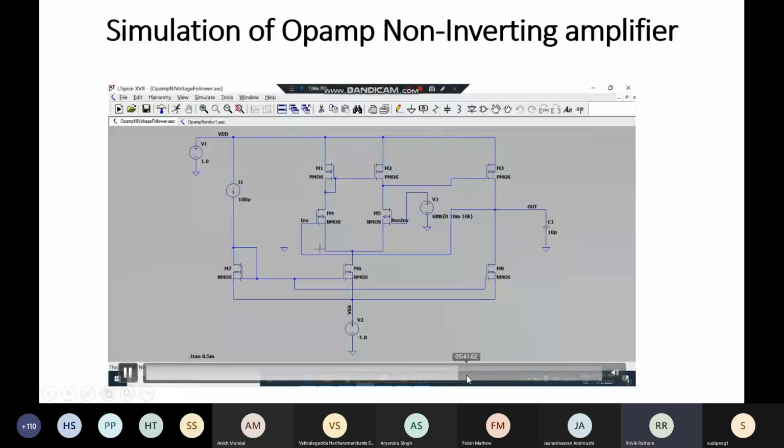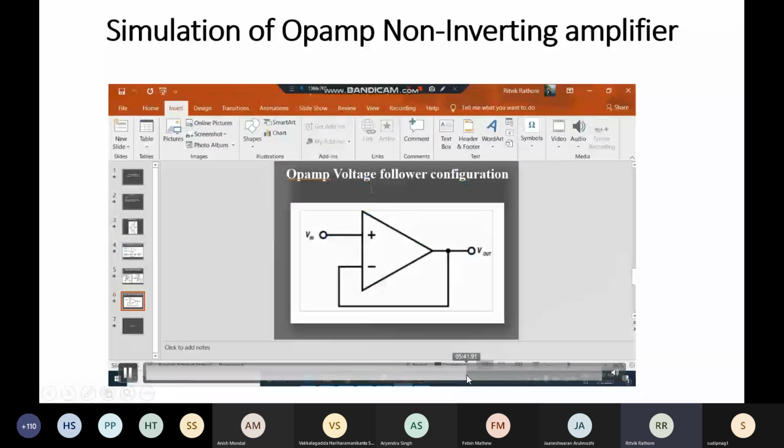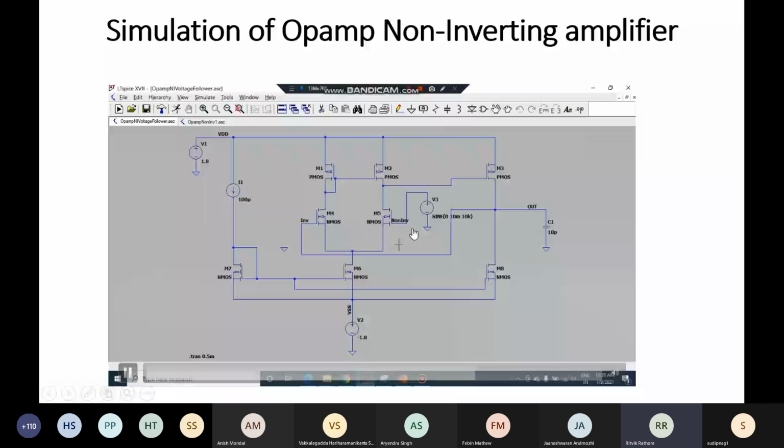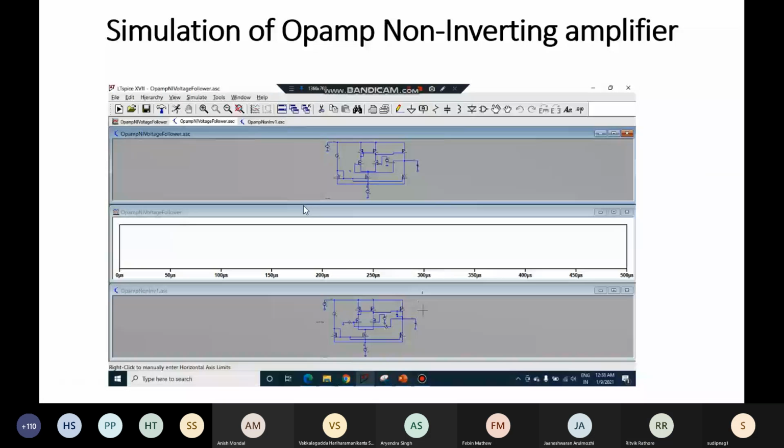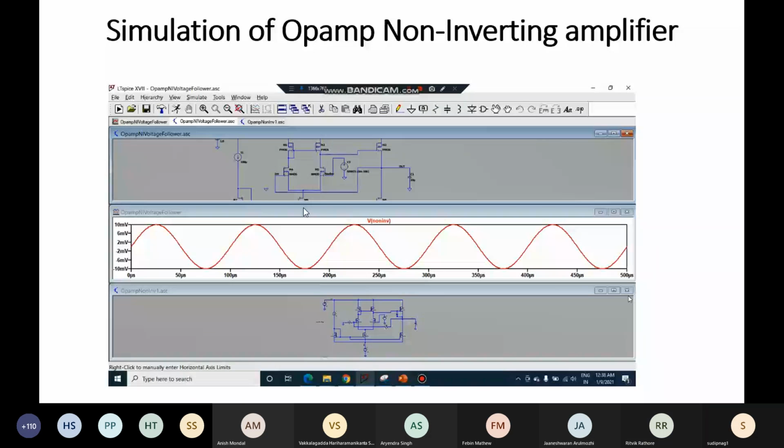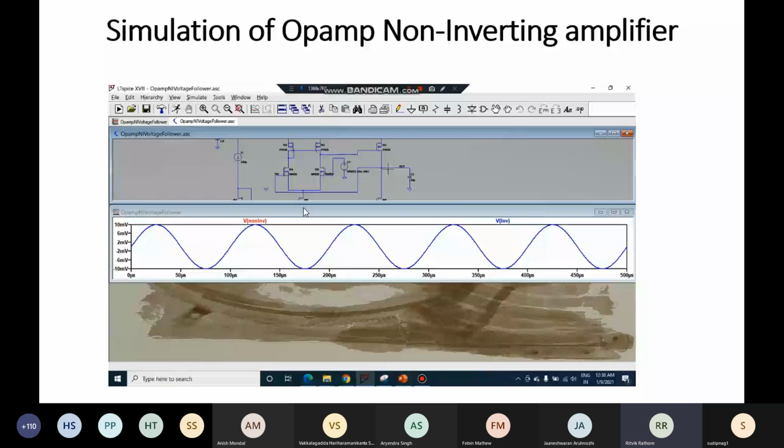This is the circuit we are implementing. This is the schematic. The output must exactly match input. So let us run transient analysis to verify the same. This is my input in red, and now this is the output in blue.